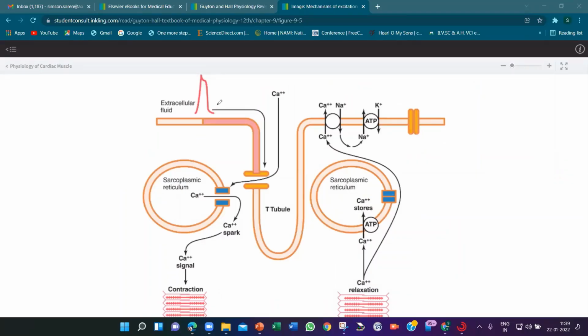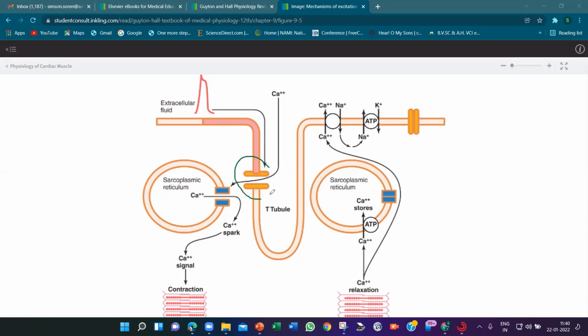So let us discuss how it occurs. As the action potential moves over the cell membrane, and when it moves over the T-tubule, an invagination of the sarcolemma, the voltage gated calcium channels are activated.